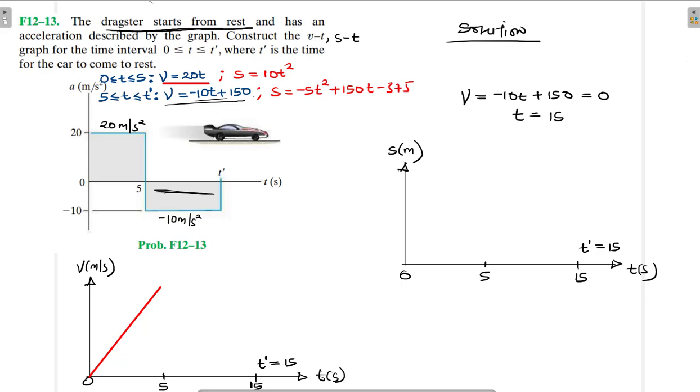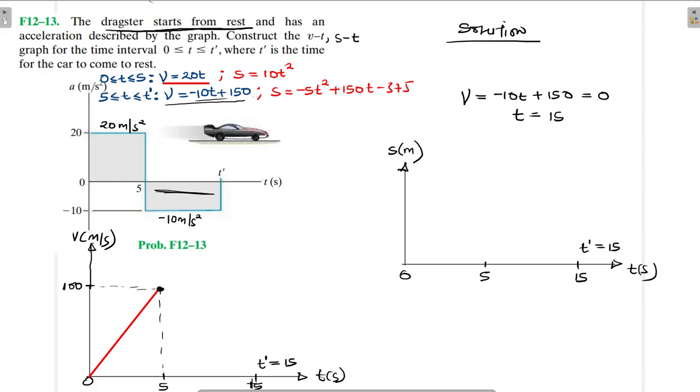And this value here, V of t at 5, is going to be equal to 100 meters per second.